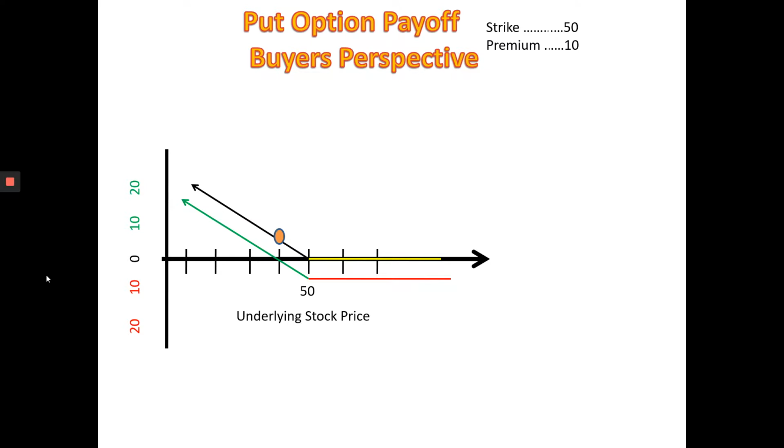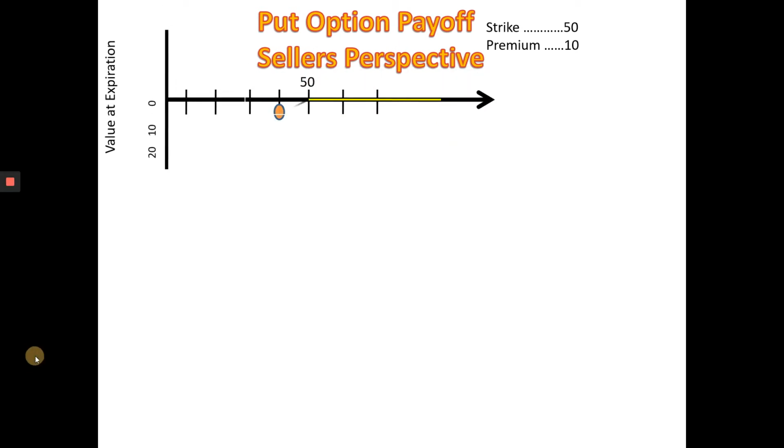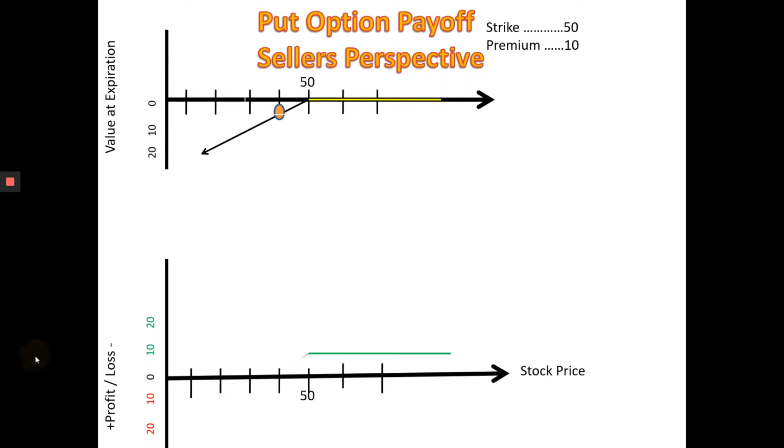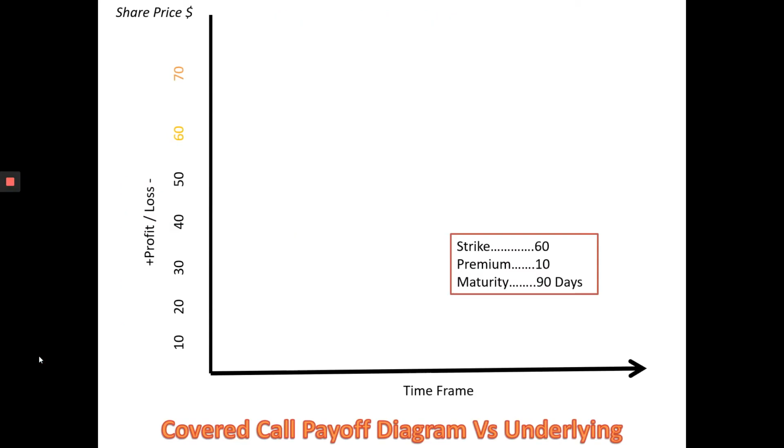Once Yes Bank goes below 50, we now have to cover our premium, so it has to cross 40 before it makes some money. The combined graph looks like this, with profit and time versus expiry.